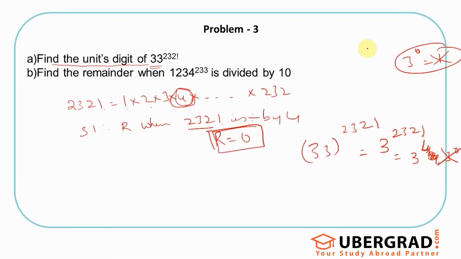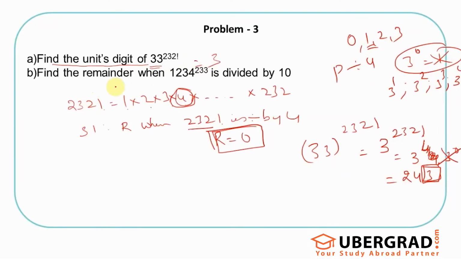The remainders you get when a power is divided by 4 would be 0, 1, 2 and 3. So if it's 1, I'll take it as 1. If it's 2, I'll take it as 2. If it's 3, I'll take it as 3. But if it's 0, I should take it as power 4, for any digit for that matter. So what is 3 power 4? 81. So that's the last digit you get for this whole expression, 1.